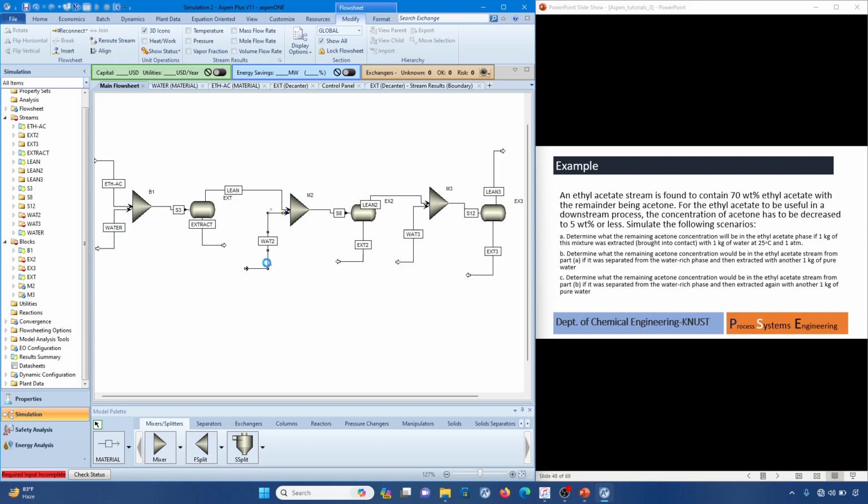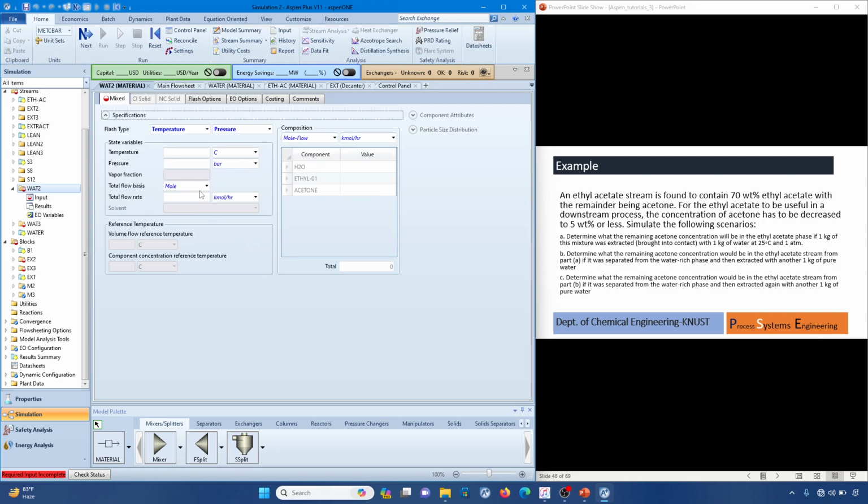And in each case, we contact the lean stream with 1 kilogram of water, same conditions.